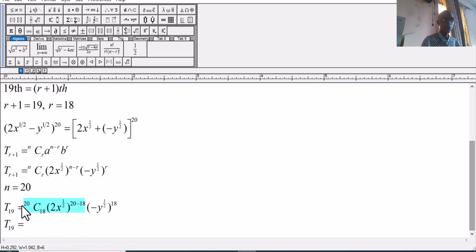Just to take note of something I'm going to do now. This will now be 20 minus 18, that will be 2.